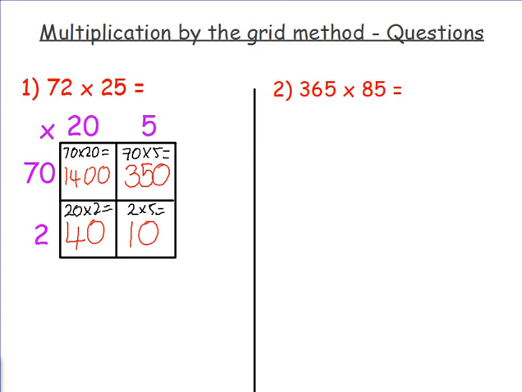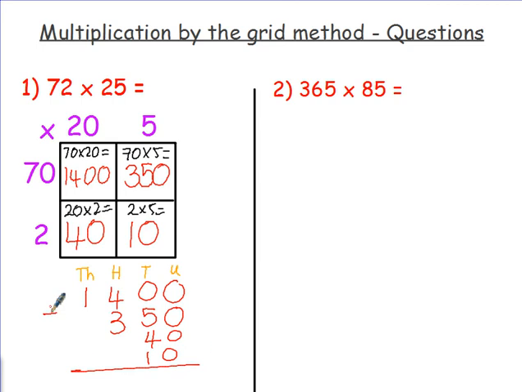Then, being careful, I've got thousands, hundreds, tens, units. Be careful with your place value. 1,400, 350, 40 and 10. Adding these up now. 0.